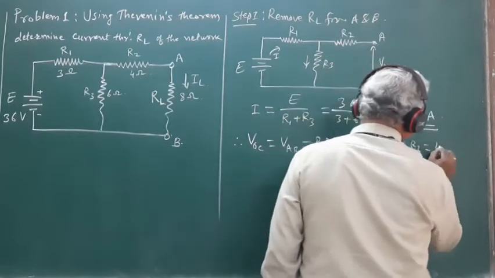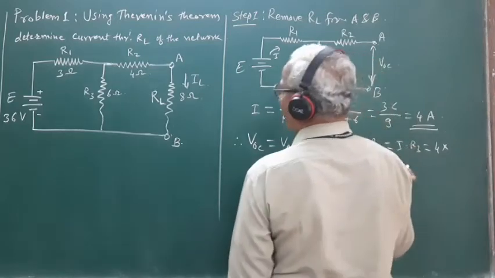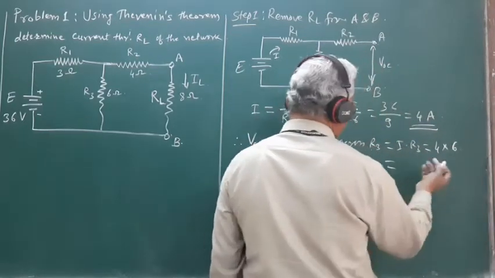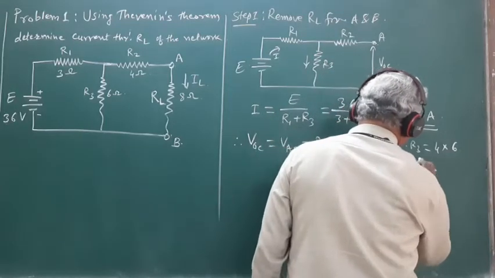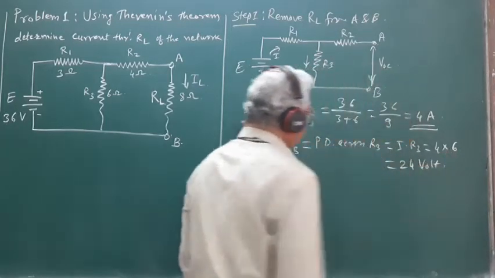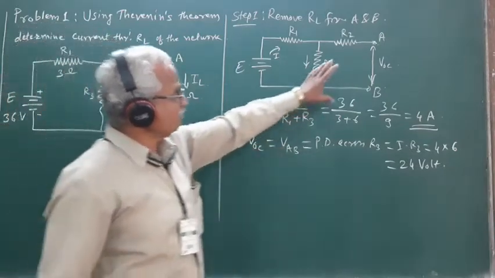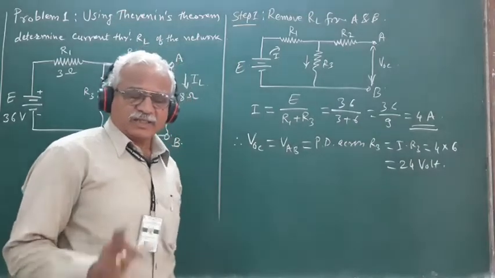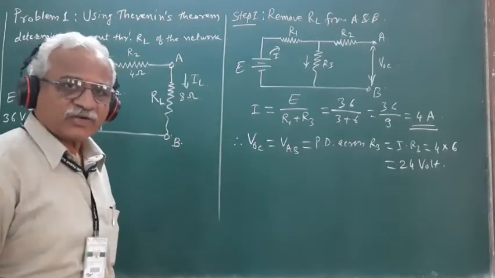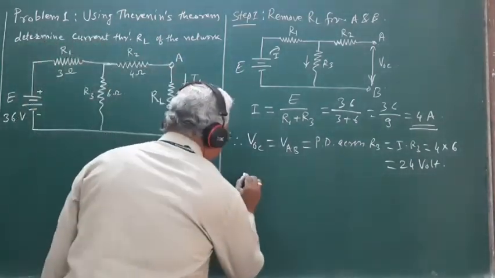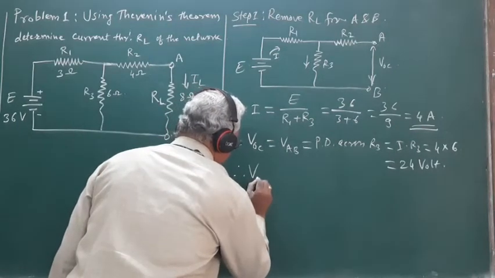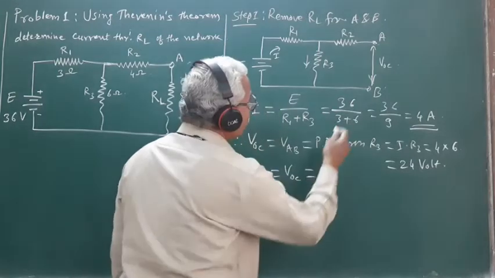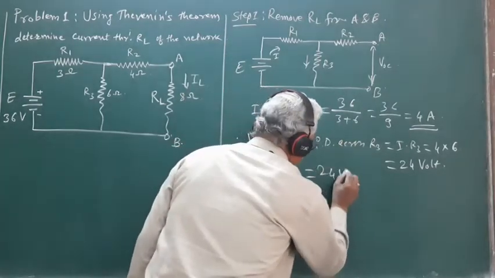So I is 4 ampere multiplied by R3 is 6 ohm. So the potential works out to be 24 volts. The potential difference across the terminals A and B works out to be equal to 24 volts. And this open circuit voltage across the terminals A and B is nothing but VTH. So VTH is equal to VOC is equal to 24 volt.